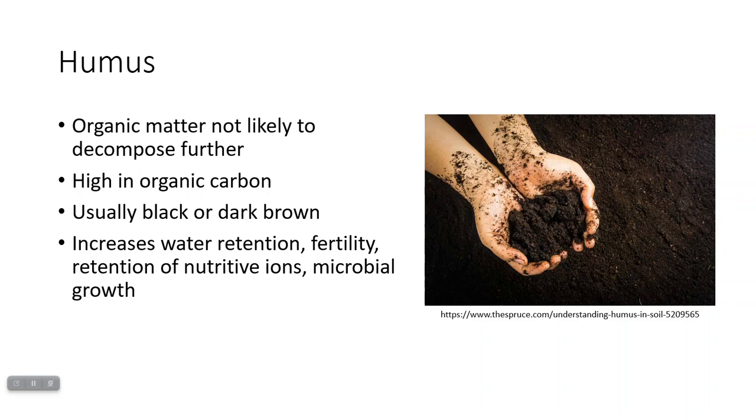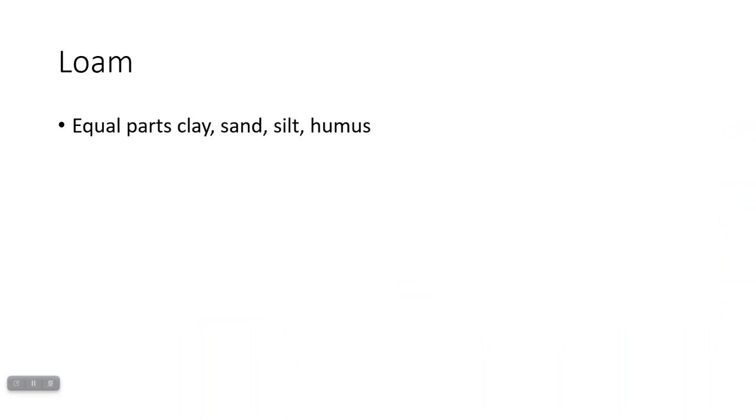So things like water retention, fertility of the soil, nutrient ions, so that you don't have to add fertilizer, and the growth of beneficial microbes. Remember, bacteria are not always harmful. We, for example, need those nitrogen fixing bacteria to be living in an area. And you also want bacteria that are decomposers to live in soil as well.